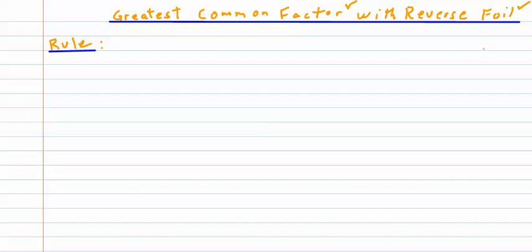So this is actually nothing new. The rule that we will apply whenever we factor, regardless of why we are factoring, is first factor the greatest common factor. GCF is greatest common factor, if applicable.